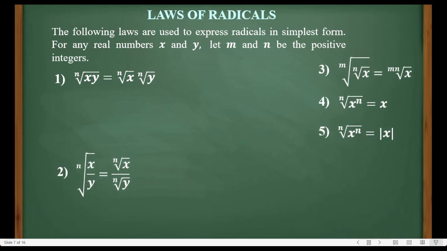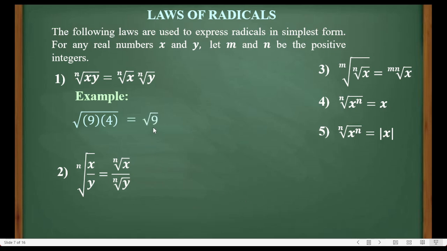Now let us go back to the first law and let us consider under this law some illustrative examples. Like this one, the square root of the product of 9 and 4 can be simplified like this.